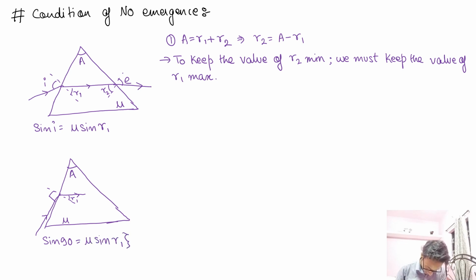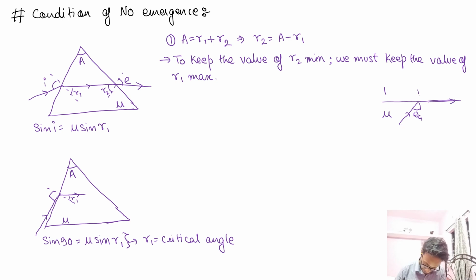And where have you seen this one? You have seen this relation in critical angle. So can I safely say that R1 is equal to the critical angle? Why? Because remember the equation of critical angle. This was the denser medium, suppose the medium of prism, and this was air. The incident ray at critical angle gives a grazing ray.